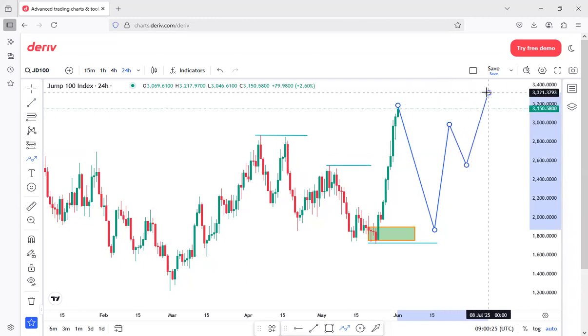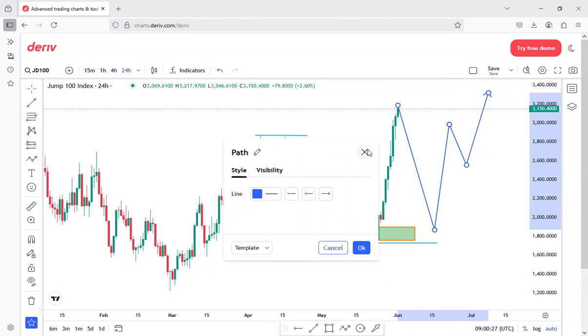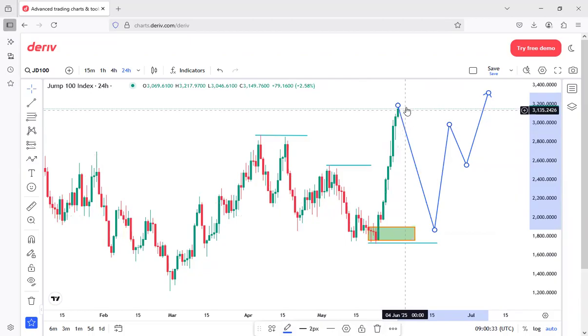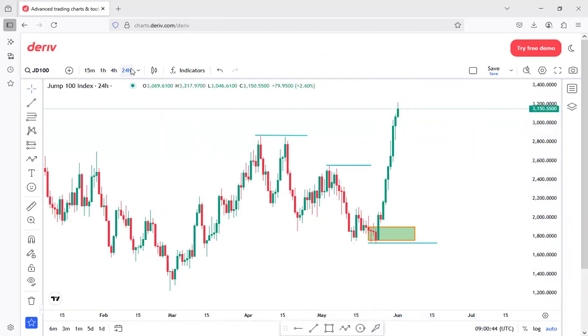Because this is what I call a demand zone, pushing off, this is buyer's pressure. The buyer's pressure here on the 24 hours time frame is very, very much. So what price will do is make a retracement and then continuously head back to the upside.